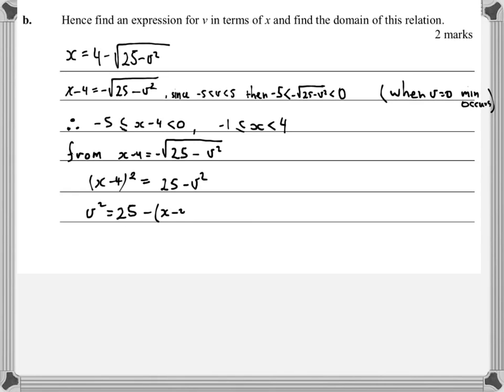Then I'm going to subtract 25 and divide by -1, and I get this expression there for v squared. And finally, I can square root, and I've transposed for v. Plus or minus, I cannot forget, very, very important. Plus or minus the square root of 25 minus the x minus 4 squared. And we did it. That's pretty cool.